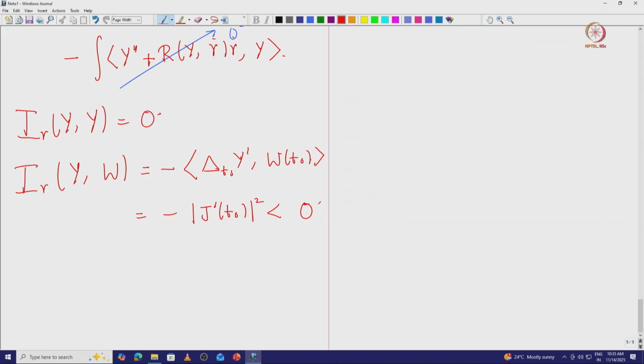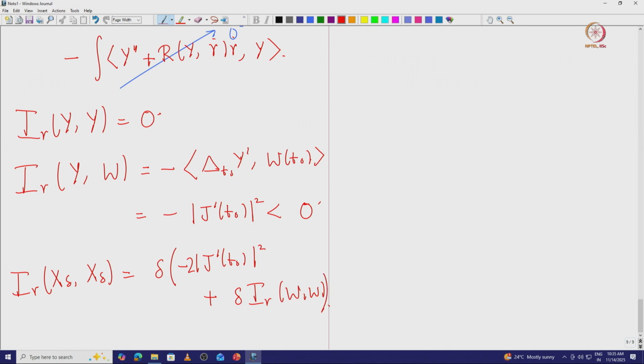Okay, so now you go back to the index formula. So the index of x delta, the first term is 0, so you can take delta common, it is going to be delta times minus 2 times J prime of t naught squared plus delta I gamma w comma w.